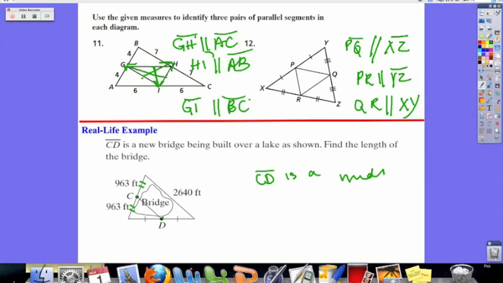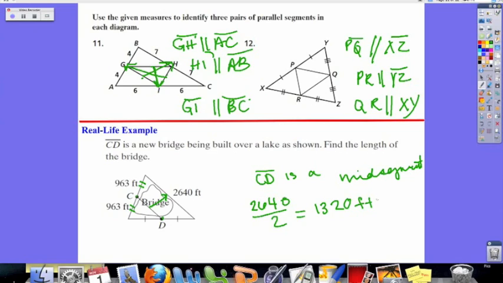Then if the side across is 2,640, all you have to do is divide by 2, because you know that the midsegment is half. You divide by 2, so it's 1,320. So 1,320 feet for the bridge.